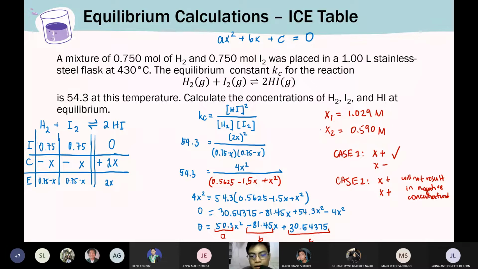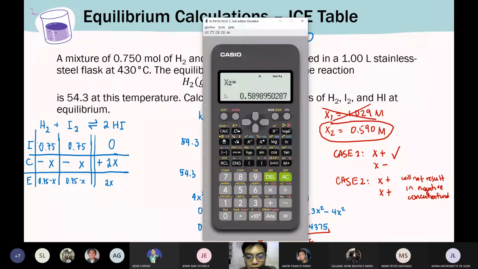So ganun lang. Bakit natin i-discard yung x1? Kasi nga, pag plinag-in mo yon, tignan nyo sa calcu, 0.75, sorry. Kung gusto nyo bumalik sa original, press shift, clear, 3, equal sign. Okay? So again, press shift, clear, 3, equal sign.